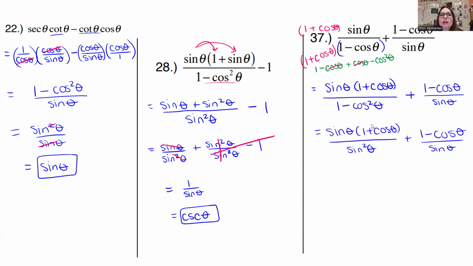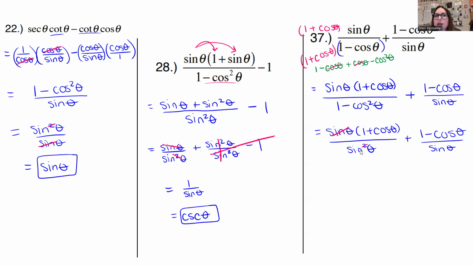Ooh, I see a couple of things. What I notice is that I have a sine over sine, so one of these can cancel. And that's why I didn't want to distribute it yet. It would not matter. You still could have canceled.